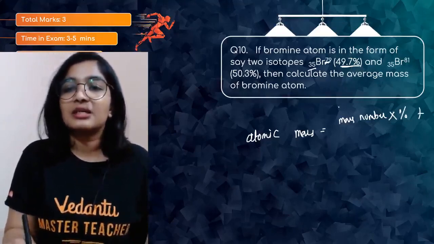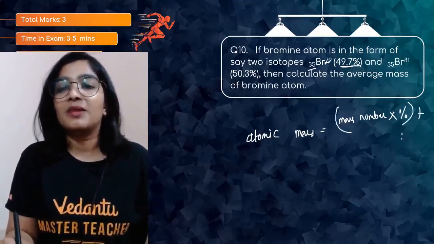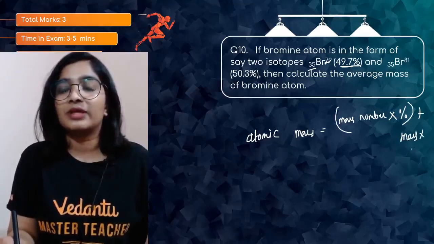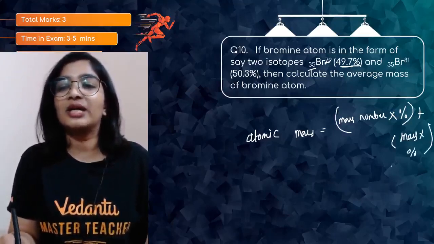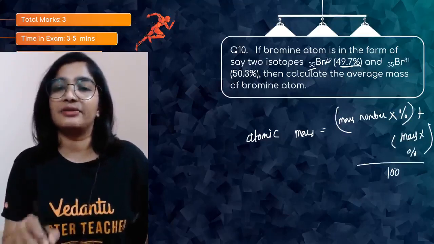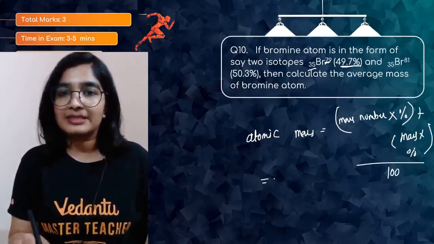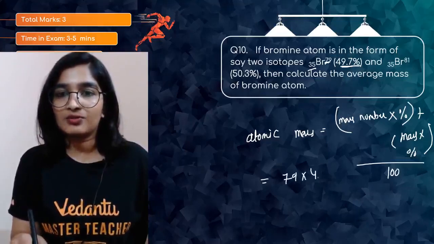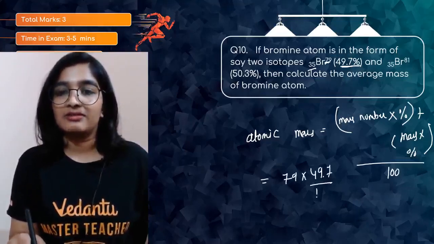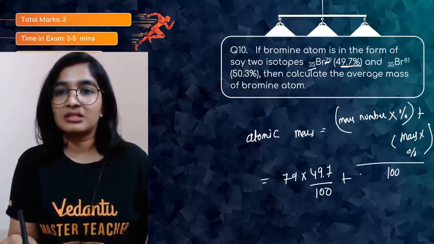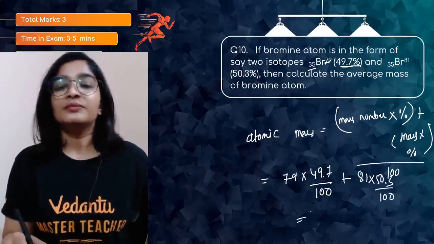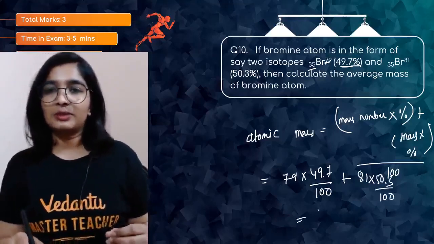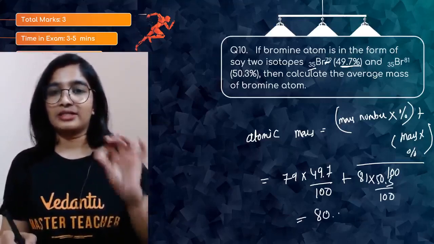Plus again the mass number into the percentage abundance, divided by 100. So the answer will be 79 into 49.7 divided by 100, plus 81 into 50.3 divided by 100. Simplify it, and the answer will be around 80 point something.